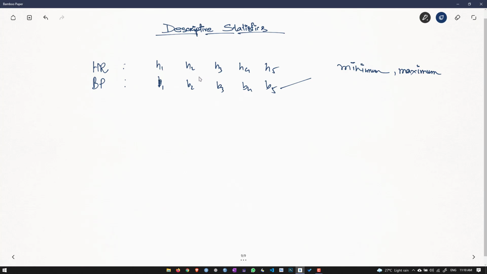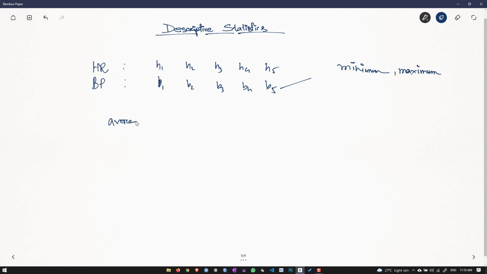Now, a set of information is also known as data, right? So for data regarding heart rate and blood pressure, we can find out what is the minimum and what is the maximum. These are the simplest characteristics of a data set. Next, we may be interested in what on average the heart rate is, or what on average the blood pressure is, right?